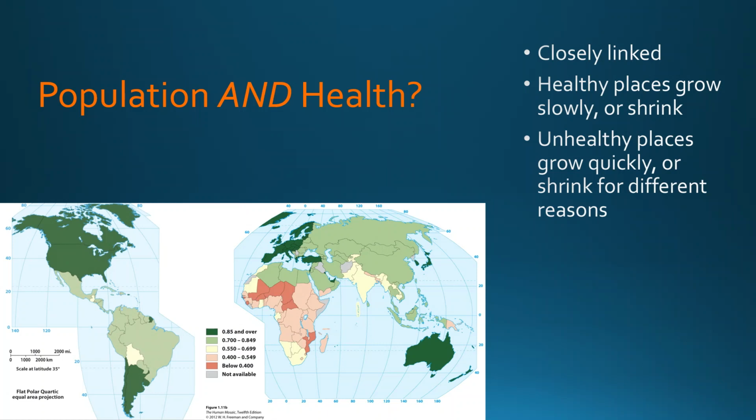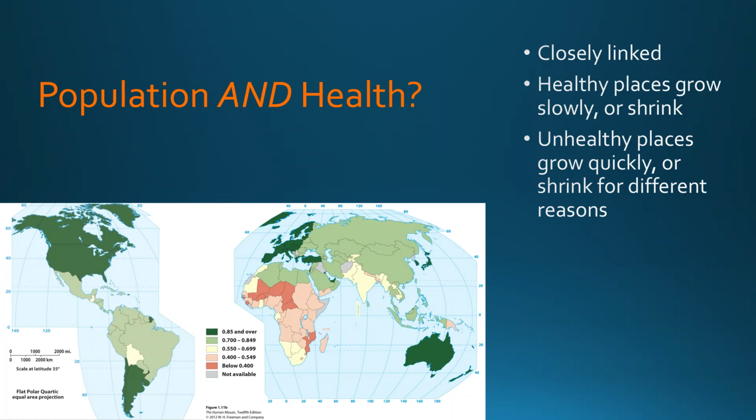And so here is a map of the Human Development Index. The Human Development Index is a metric that the UN uses. One is a perfect score. No country has one, but you can see lots of countries here with 0.85 and over, such as in Europe and the United States. It is basically a metric of a variety of things, including access to education, but also health and health outcomes.